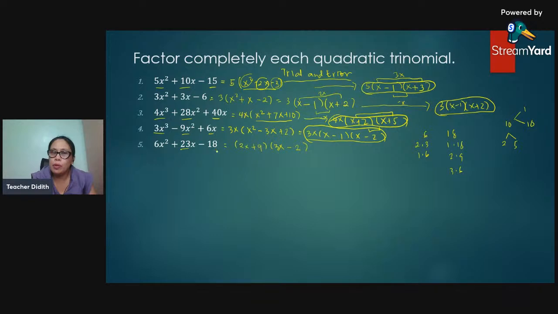So one factor must be positive, the other factor must be negative for negative 18. That's why we have positive 9 and negative 2. But we just have to check the middle term. So this is 27x, while the product of the outer terms is negative 4x. Now, as we add negative 4x to 27x, we'll get 23x. So meaning, these are the factors. 2x plus 9 times quantity 3x minus 2.